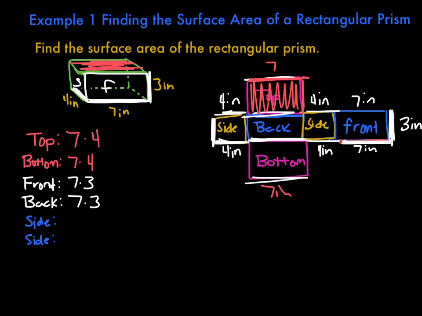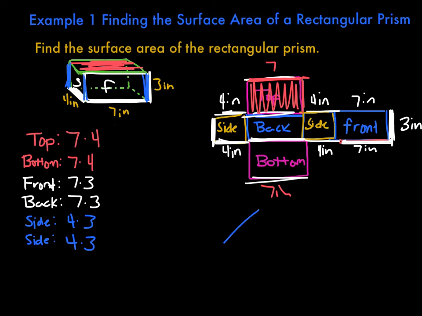So let's look. Here's our side. We have this bottom width is 4 inches. And then we have the height of it right here, which would match this one, which would be parallel to this. So it's 3. And that would be the same for the other one.